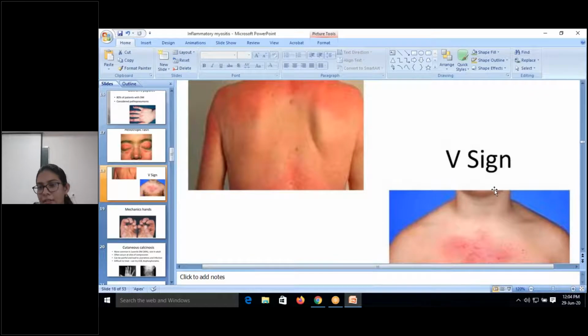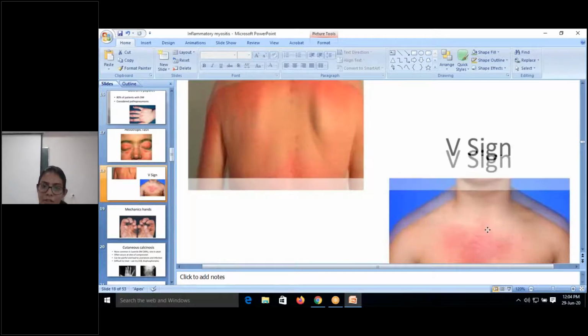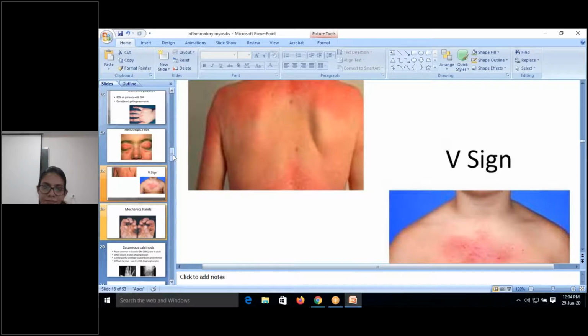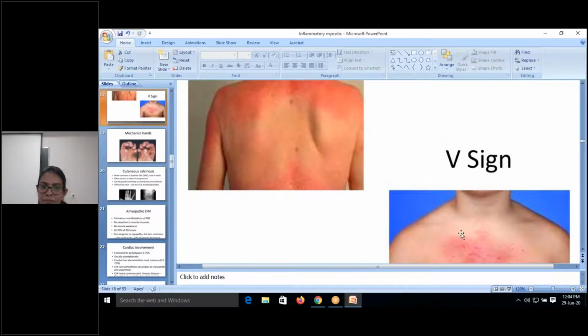And this is the V sign. V sign because in the front area, whenever you wear a shirt or anything with a V, you know what a V shape is. In a similar way, in the V area, you are going to get that. So this is the V sign. I hope you can see that V sign.